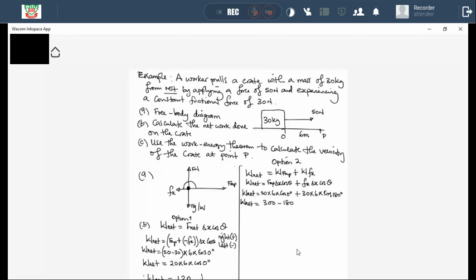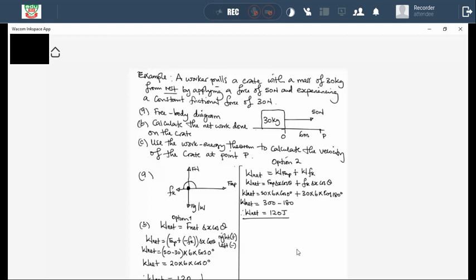Therefore, W net is equal to 300 minus 180. I'm getting 120 joules. I'm getting the same answer. So it's up to you now. You decide which option you want to use to calculate W net.